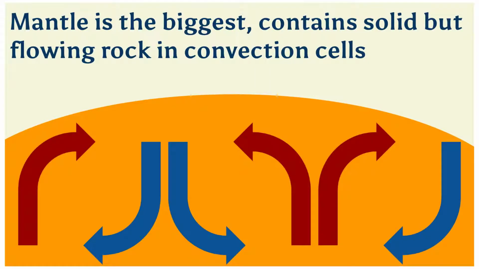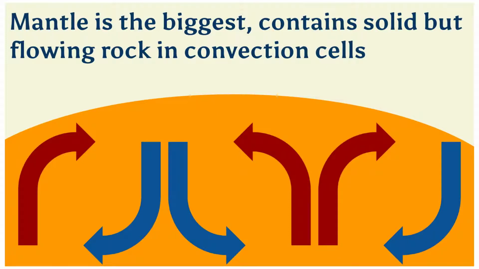The mantle is the biggest, and it contains solid but flowing rock in convection cells. I am going to do a separate lesson talking in more detail about convection cells. But just very briefly, convection happens when you have a fluid being heated up and becoming less dense as it's heated.